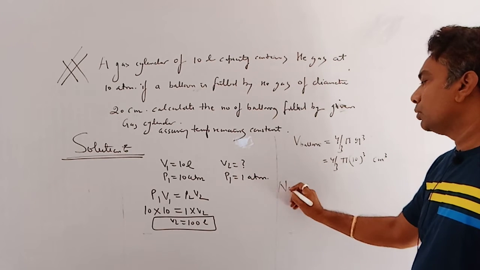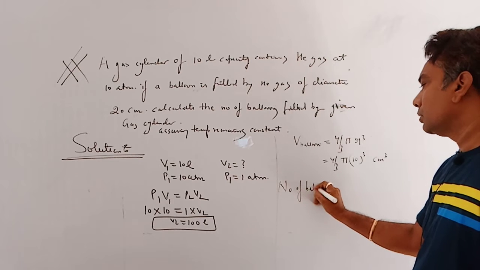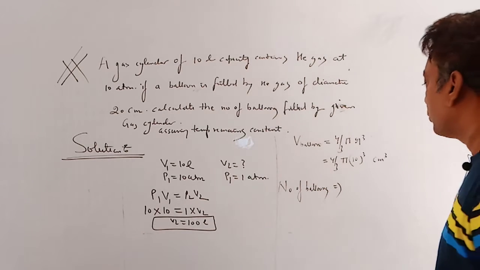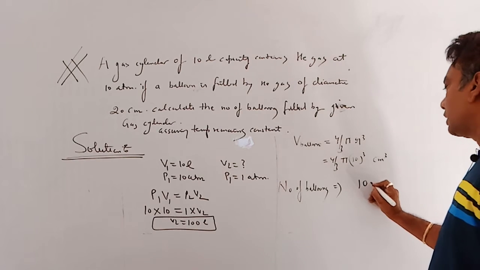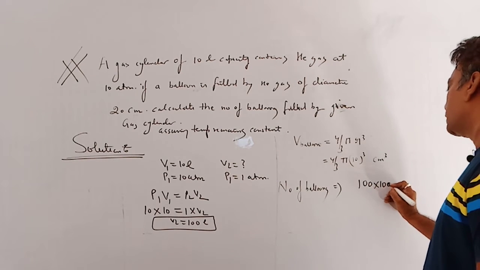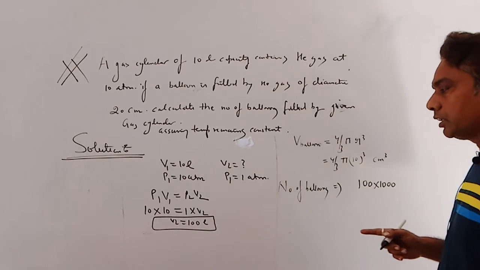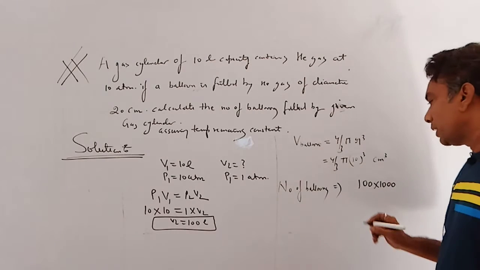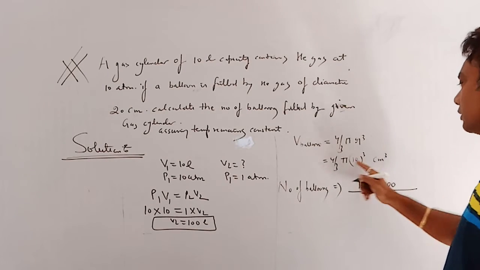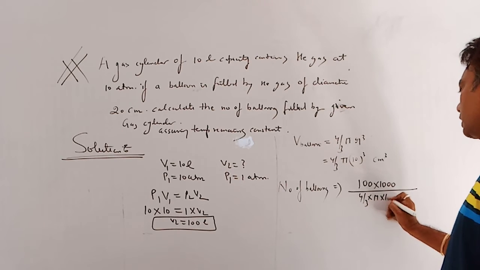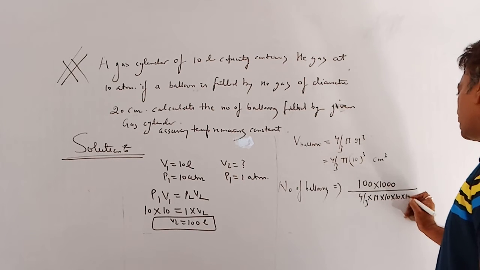So number of balloons will be 100 into 1000, liter is converted into centimeter cube, so 100 into 1000 divided by the volume of one balloon, which is 4 by 3 pi into 10 into 10 into 10.